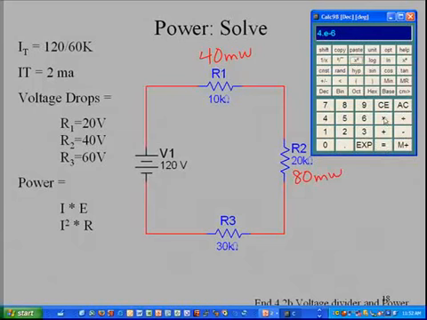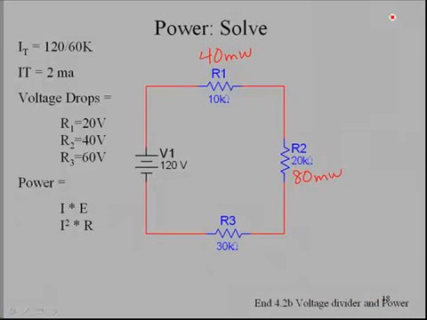And then we'll take that times the total resistance, and in this case it is 30K. So we will say times 30 exponent 3, and we'll get 120 milliwatts.